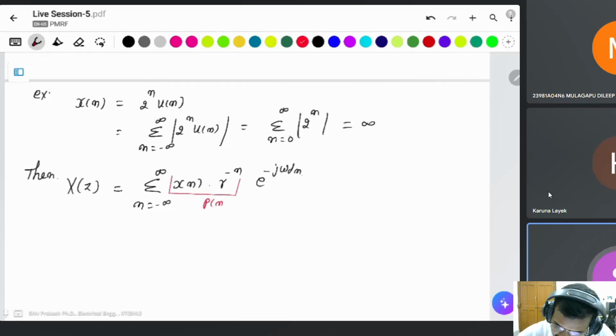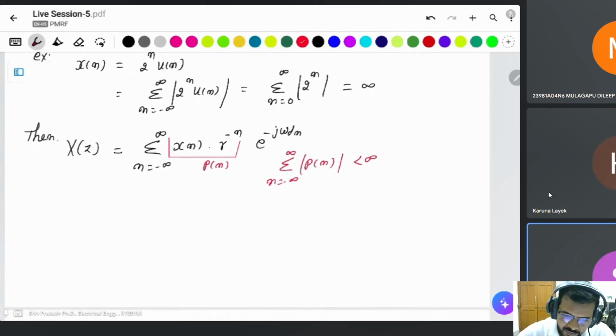This system should be bounded. In this form, this is known as the convergence factor. We add something. Same thing, find the ROC of that one.